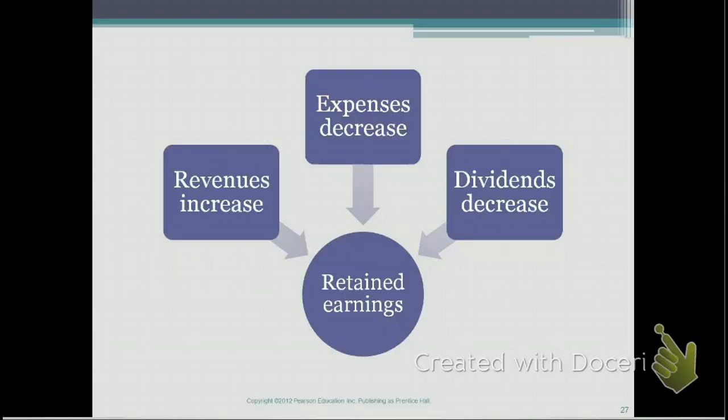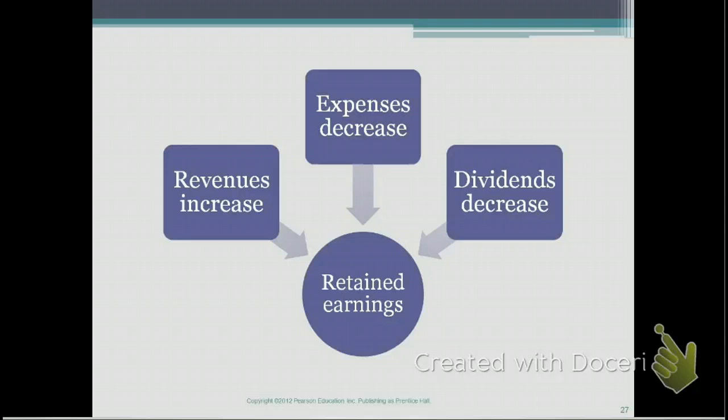Revenues increase retained earnings, expenses decrease retained earnings, and dividends decrease retained earnings. An easy way to remember is revenues is cash or other resources you receive by selling goods and services. Selling is good, so revenues increase your retained earnings. Whenever you have to pay a bill such as rent or utilities, those decrease what you have earned.